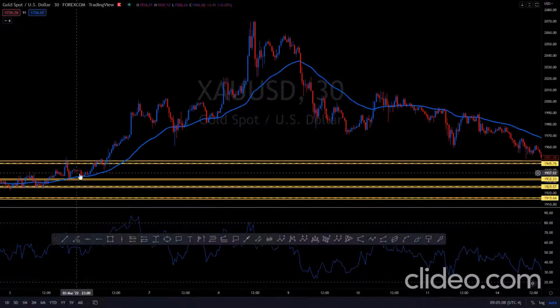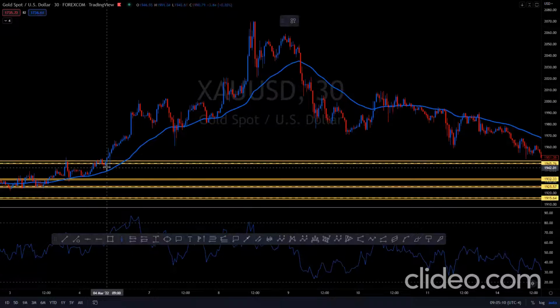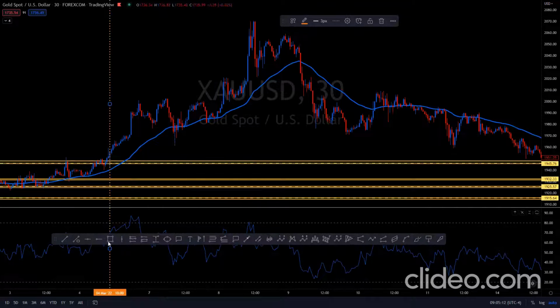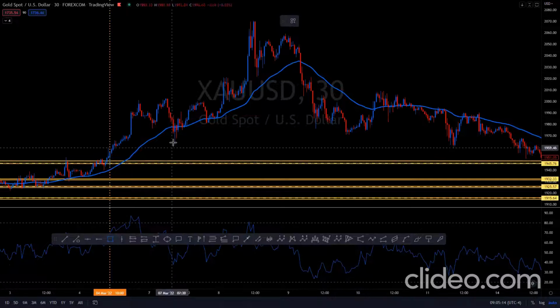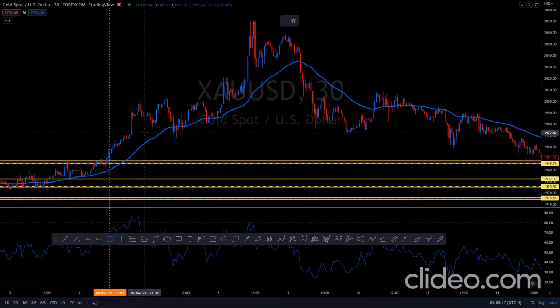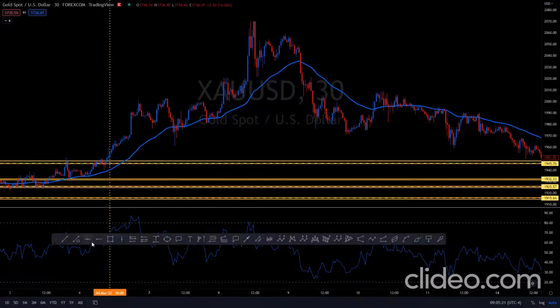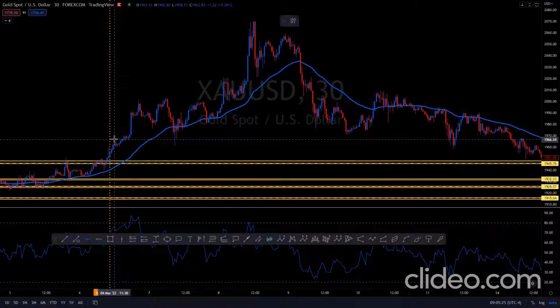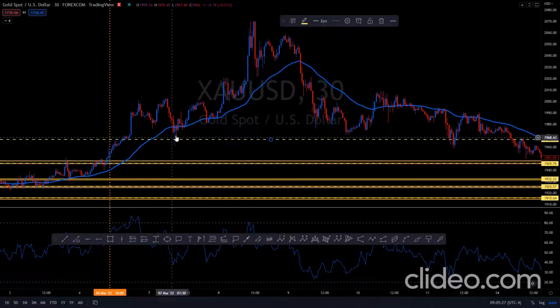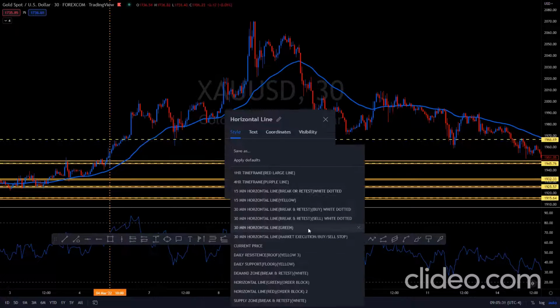Now I'm going to get these areas here. We definitely see an area here, wicked out. So this is a good area. Let's change this to green.